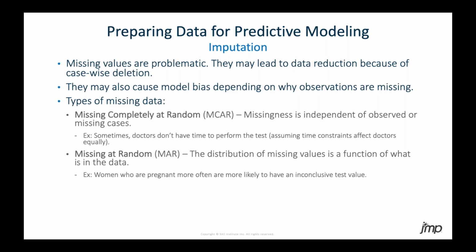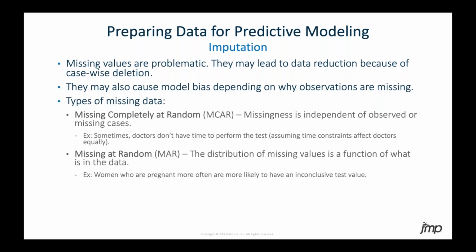For example, let's say women who are pregnant are more likely to have an inconclusive test value. There's a case where a relationship exists, but that relationship has to do with information that I already have. The great thing is that if your data is missing completely at random, or missing at random, most imputation techniques can handle that.